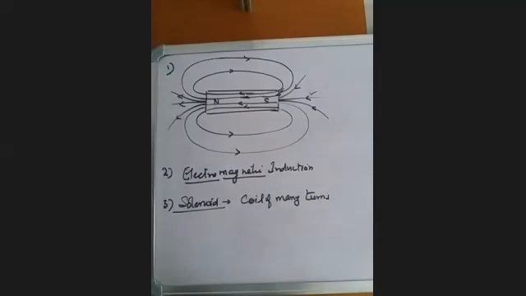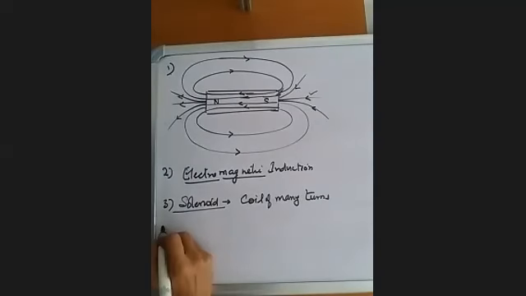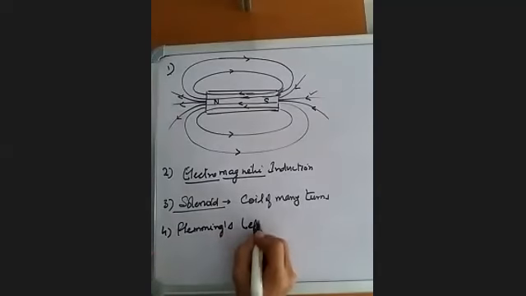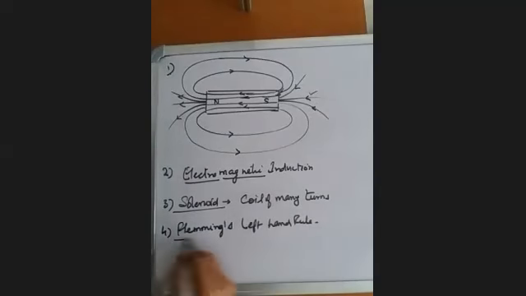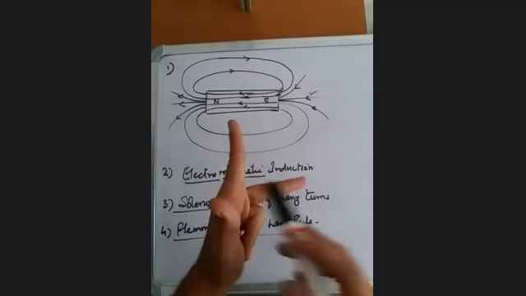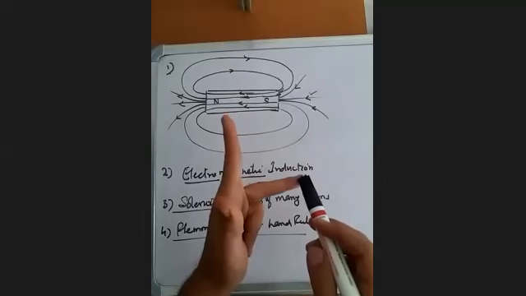Fourth question was, state Fleming's left-hand rule and what is its utility? So Fleming's left-hand rule. Very simple rule it is. Stretch your left hand such that the first finger, central finger, and the thumb are perpendicular to each other.